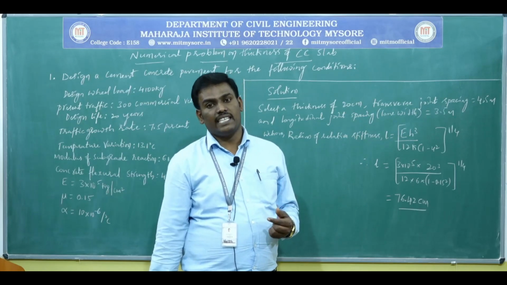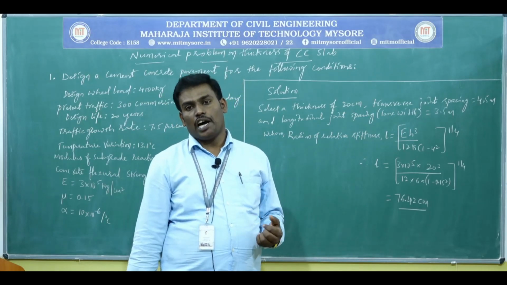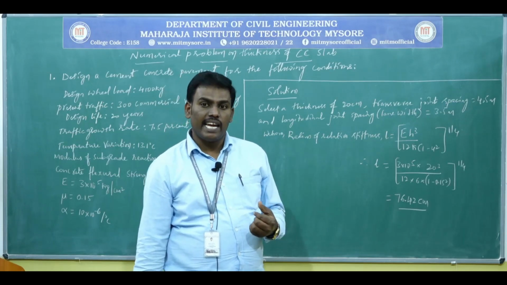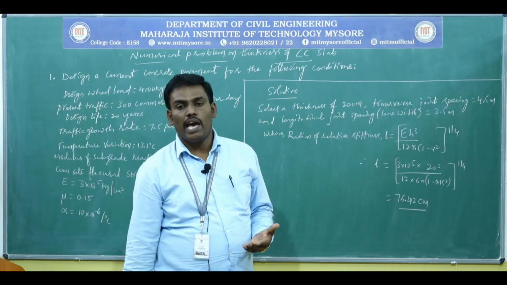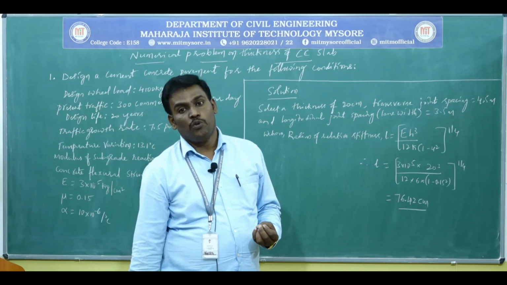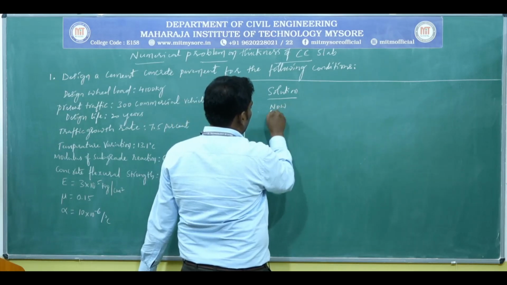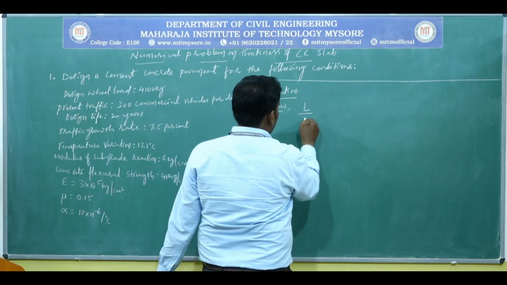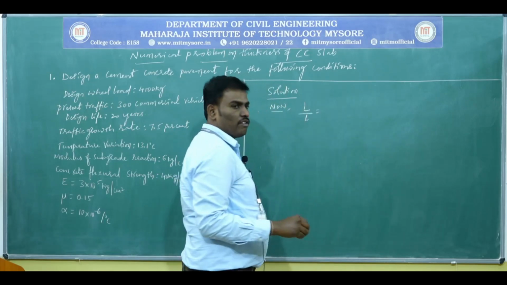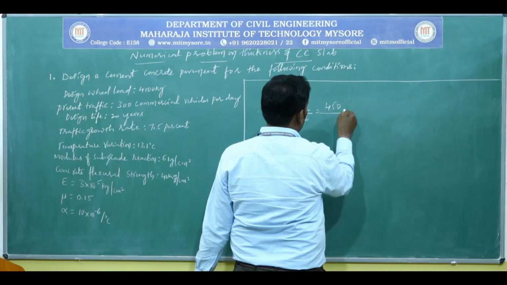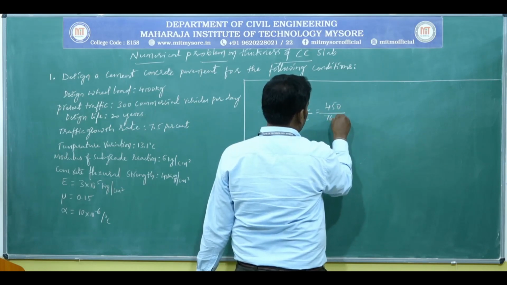temperature stress at the edge region using the chart of IRC 58/2002, page number 21. Is it clear? Now L by l, where L is 4.5 meter, that is 450 centimeter, divided by 76.42.